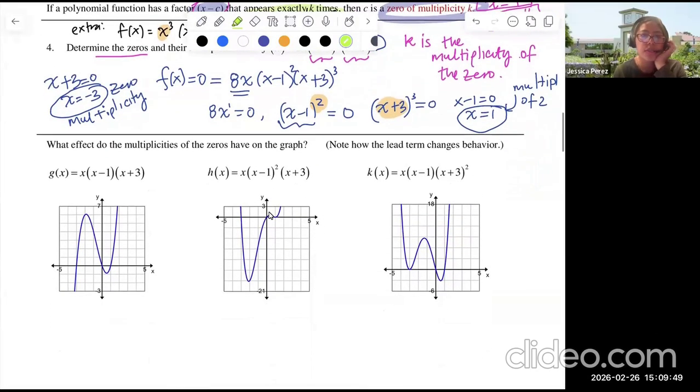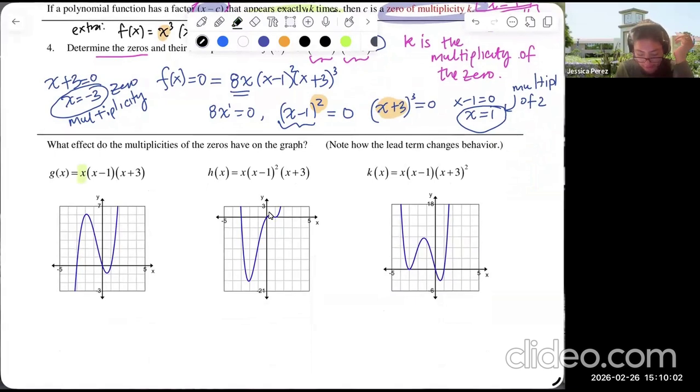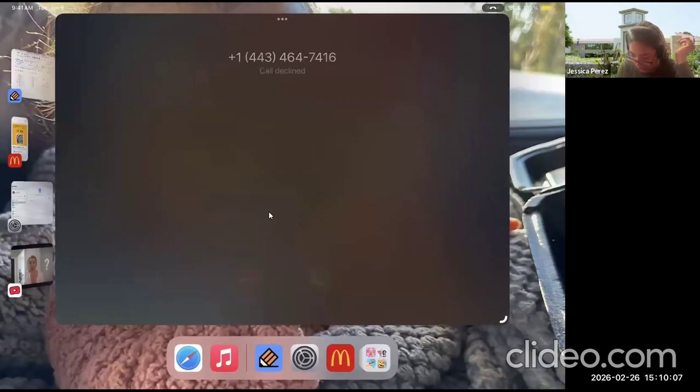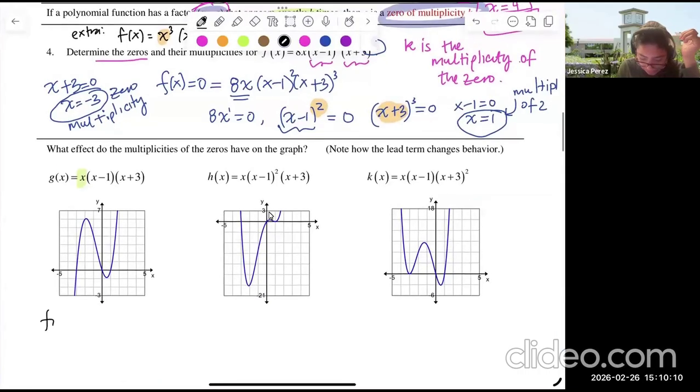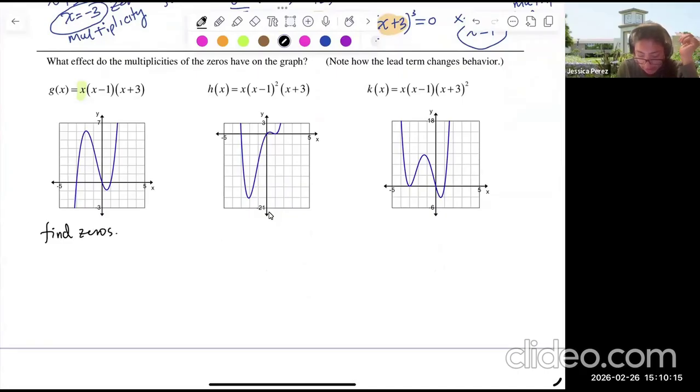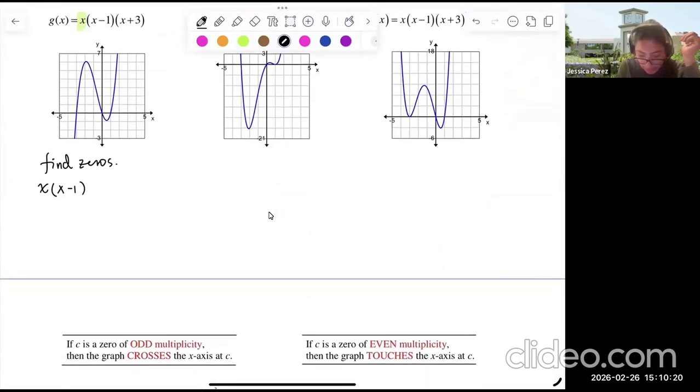So then what does that tell us about the multiplicities and the zeros? What effect does it have on the graphs? So notice that here, we are first interested in finding the zeros. Find the zeros first. So we have x(x - 1)(x + 3) equal to 0.